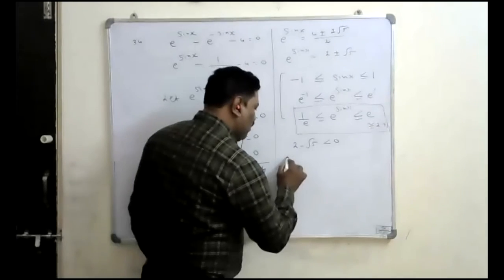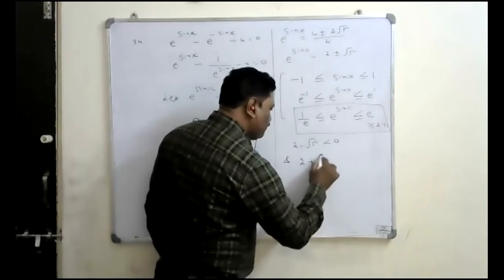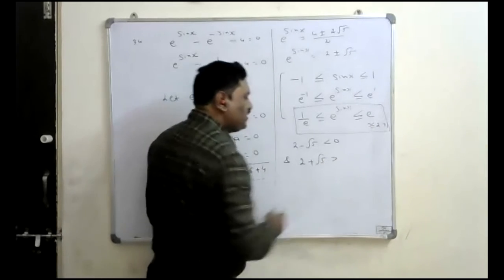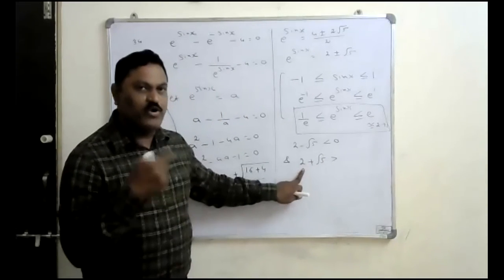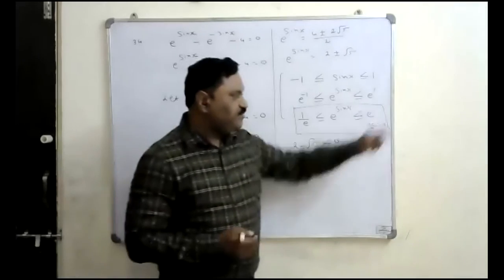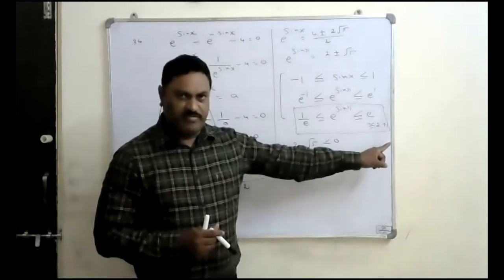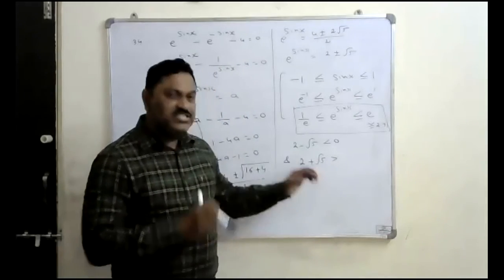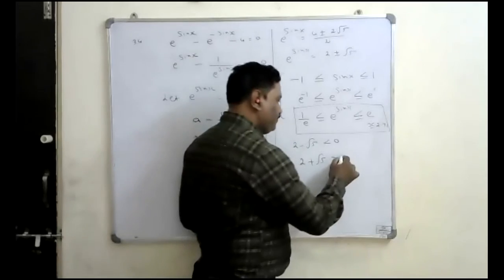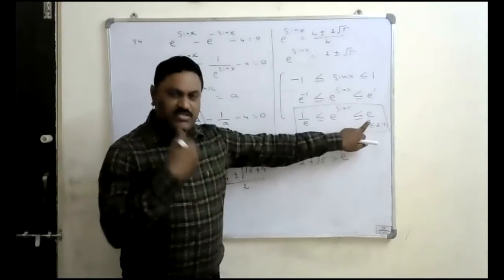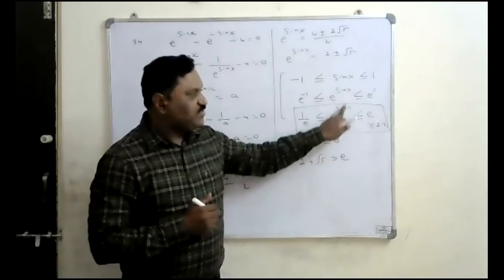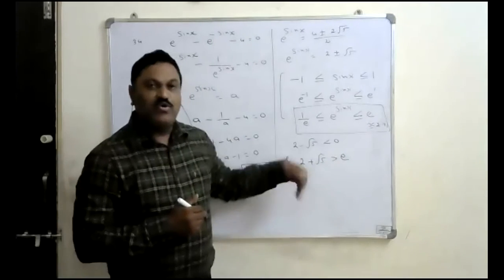And if I take the 2 plus root 5, root 5 means 2 point something plus 2 means 4 point something, which is more than e. e बोले तो 2.71. So this total value is more than e. More than e means it is giving e से ज़्यादा. मतलब e power sin x maximally e, but it is giving more than that.